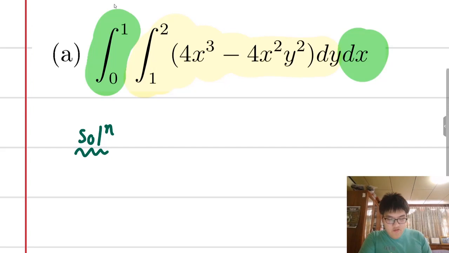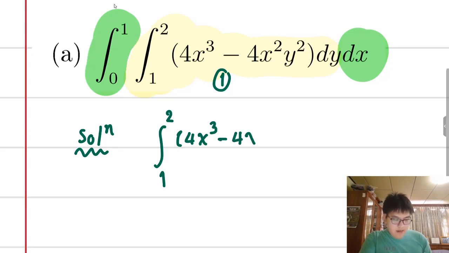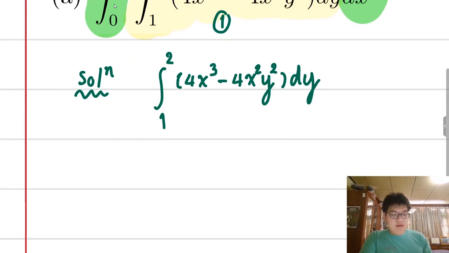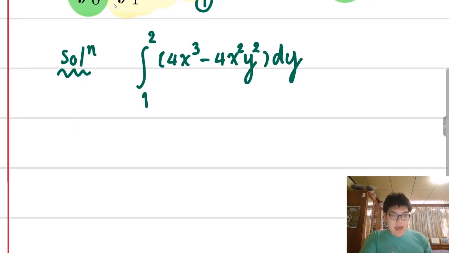Okay, first, we need to concern this integral. This one is from 1 to 2, and inside is 4x cubed minus 4x squared multiplied by y squared dy. Okay, this is the yellow part that we need to consider. And then you look at this: we integrate with respect to y.